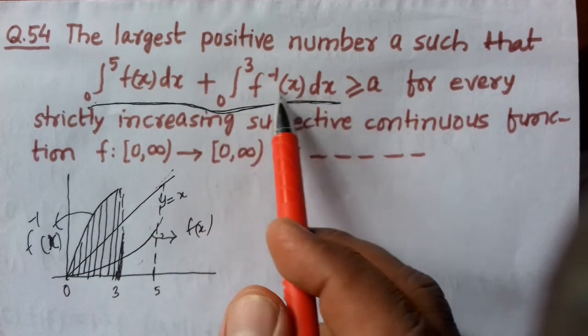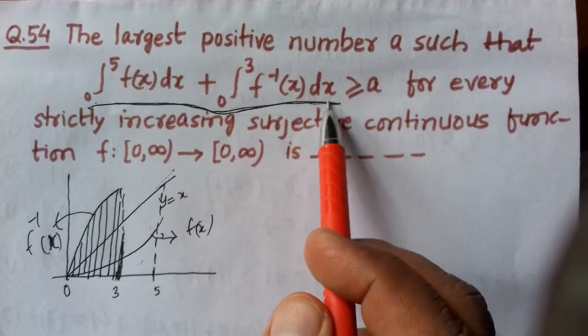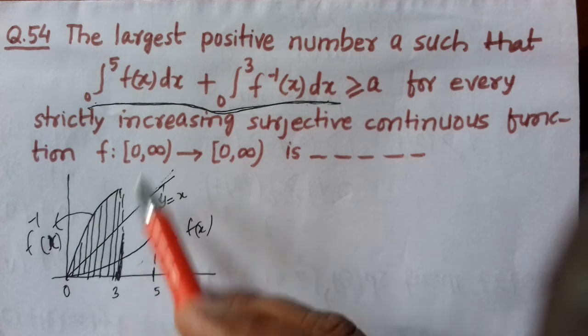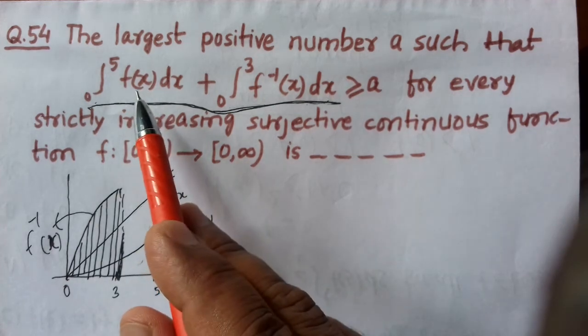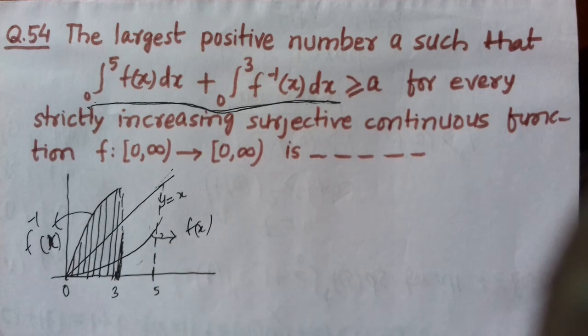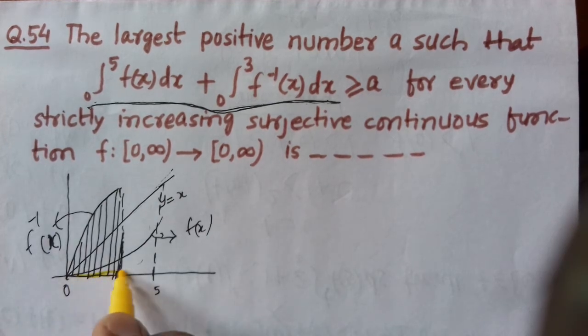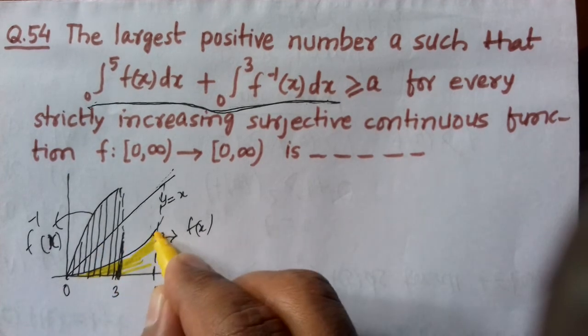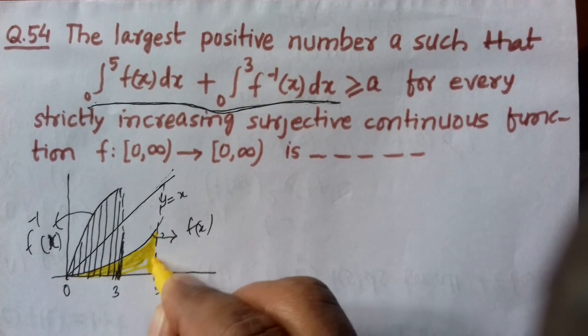So the value of this integration is the area of this shaded part, and the first one, see the first one is 0 to 5, and we have to take the area under this curve. So I am shading it in yellow color, you see here.